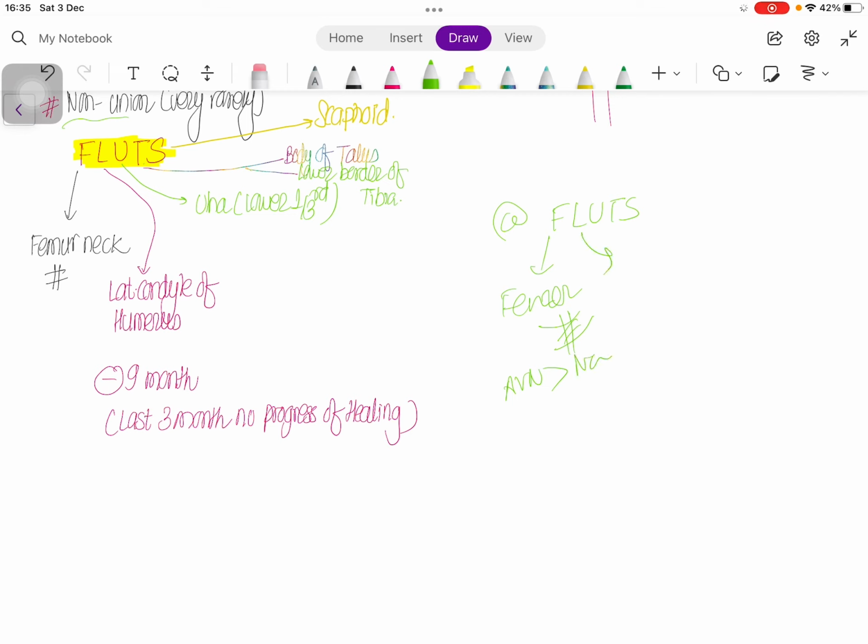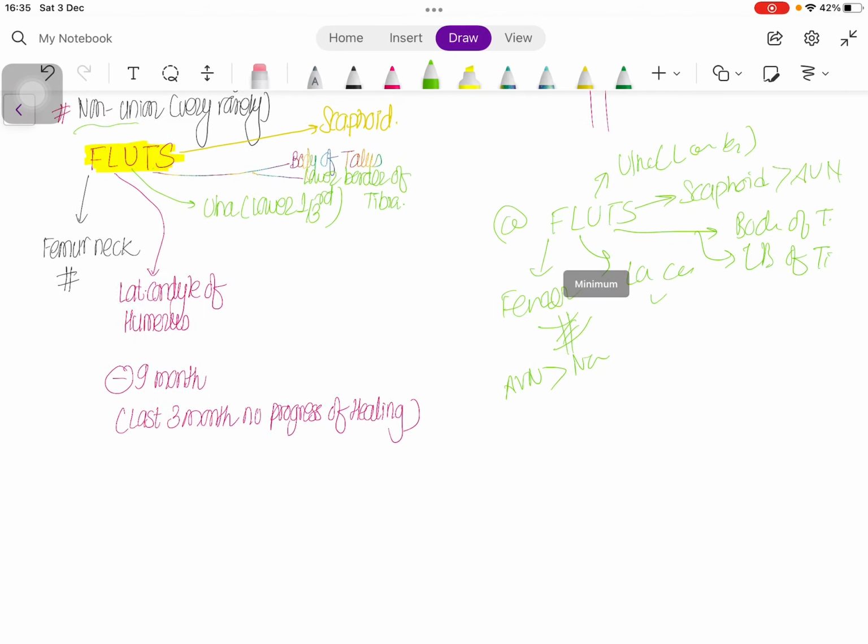And for the L, lateral condyle of the humerus, for U, ulna lower one third, for the T, there can be body of the talus and lower border of the tibia, and for the S, scaphoid. Scaphoid also has a chance of avascular necrosis as a complication.